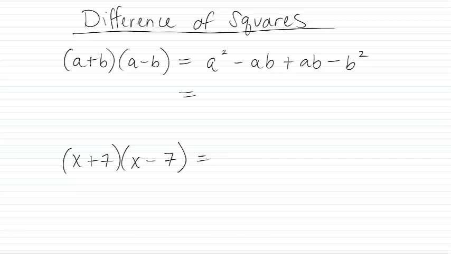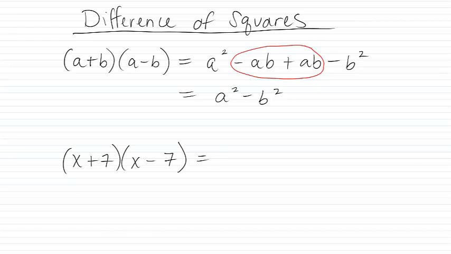And notice what happens here. My two middle terms cancel each other out. So I'm left with a squared minus b squared. This is a pattern that you can use anytime you recognize it.